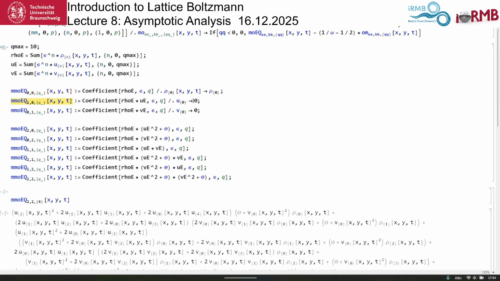Somehow all of this is different from what... okay, I know what I should do. I should not replace this in the moment, I should replace it here.